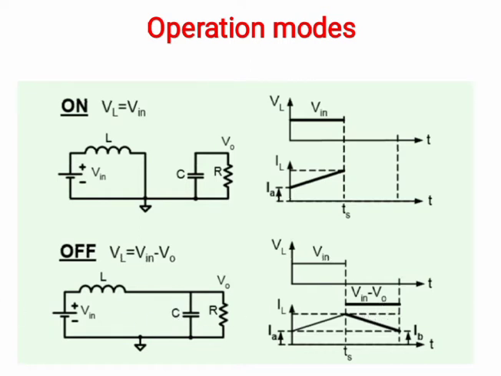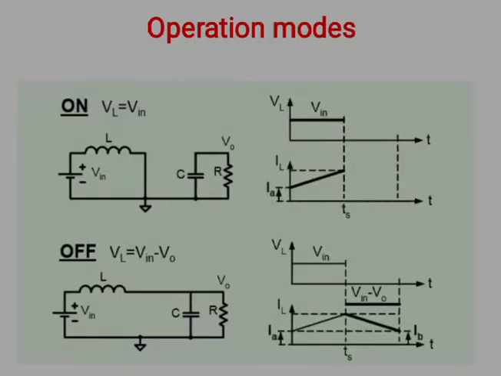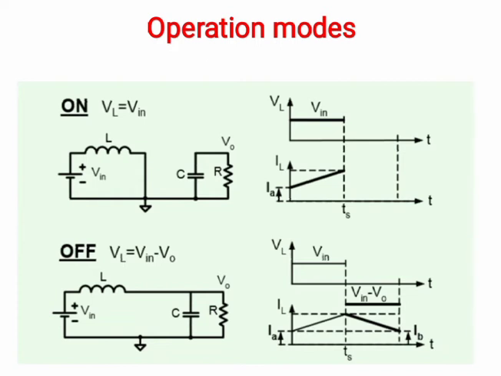As we all know, the energy stored in the inductor has a plus polarity. When the inductor releases the energy, this terminal becomes positive, so the voltage across the inductor becomes negative.